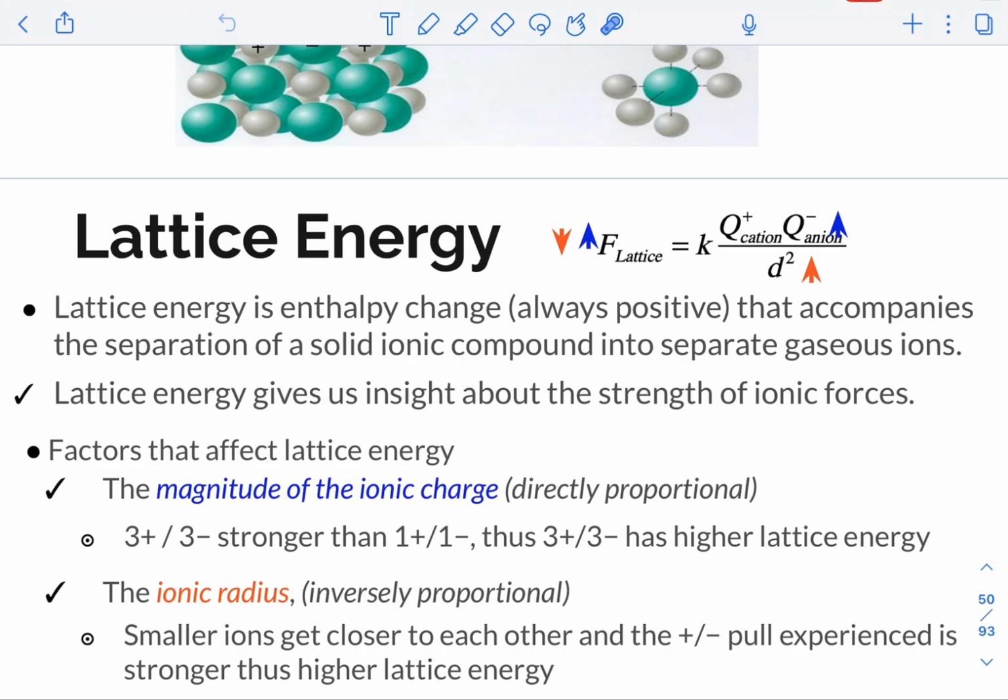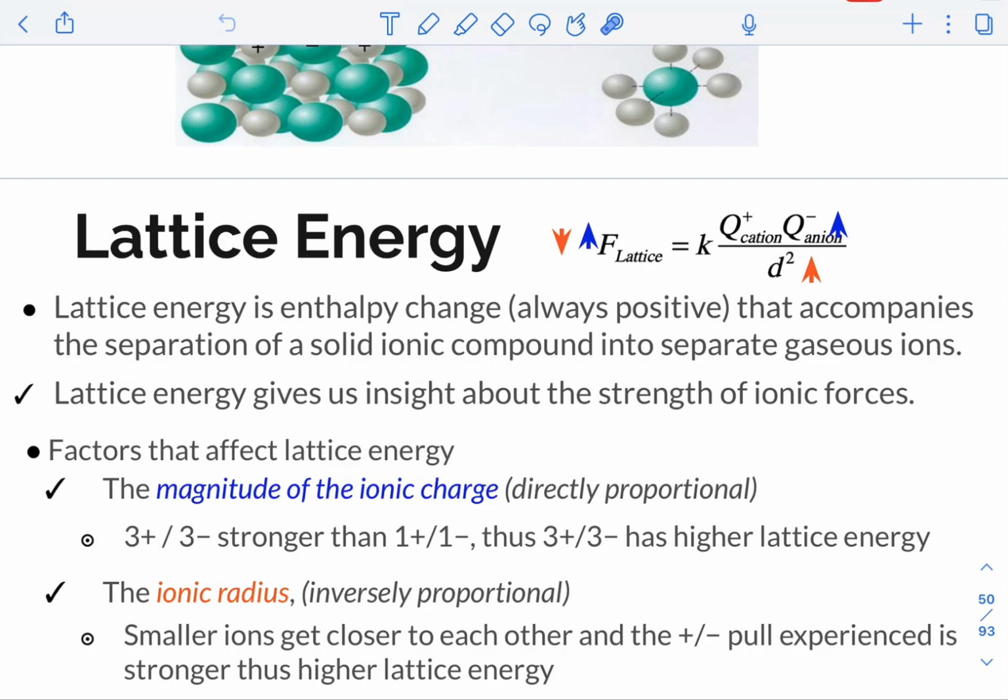Lattice energy is a positive enthalpy change that accompanies the separation of a solid ionic compound. So if we separate NaCl into sodium and chlorine, we would need to use the lattice energy.